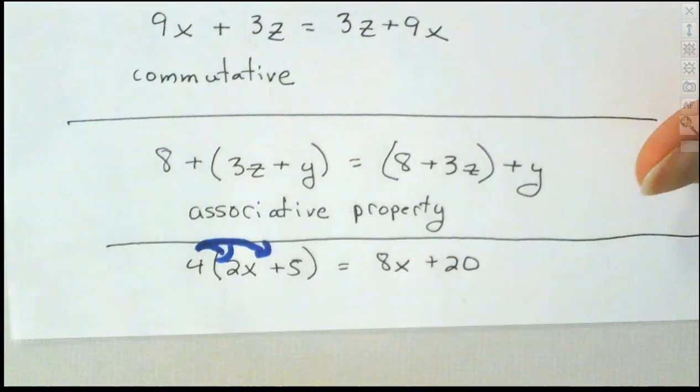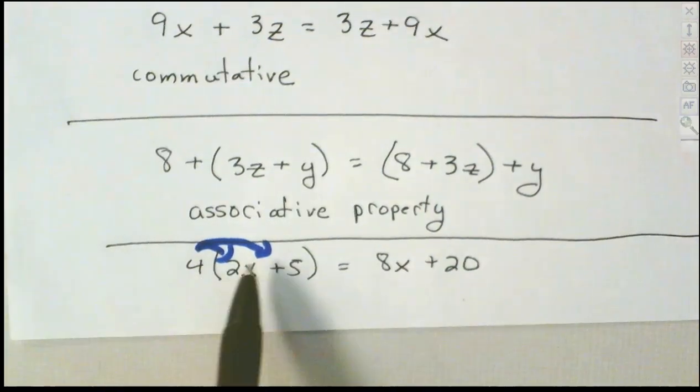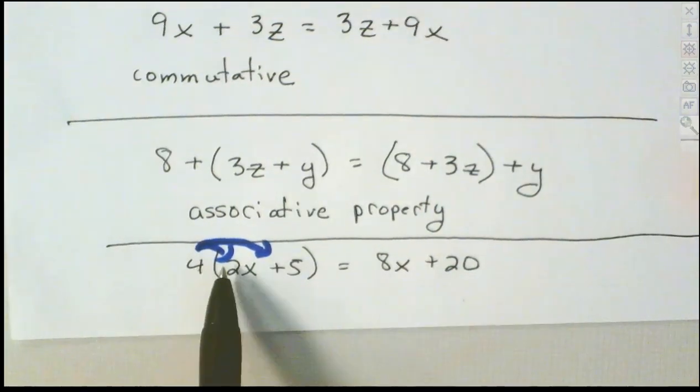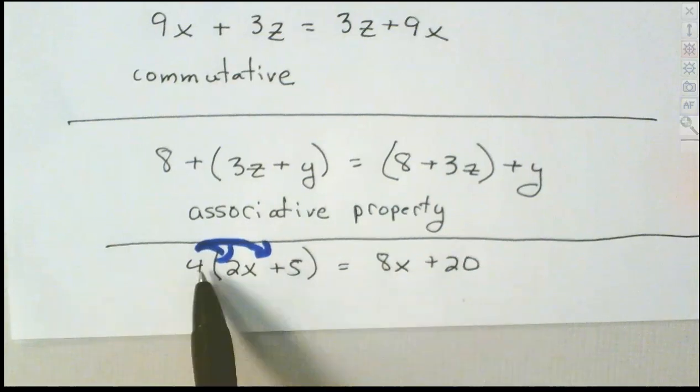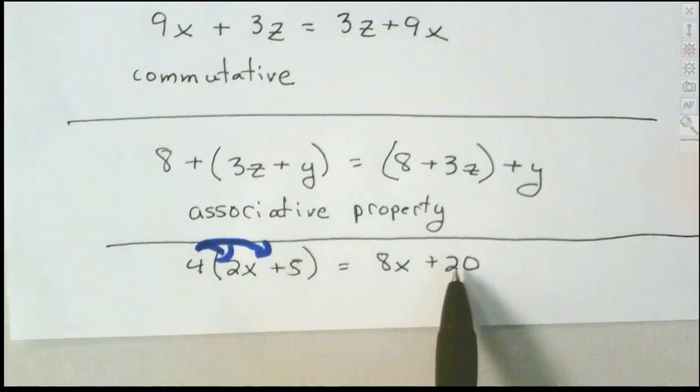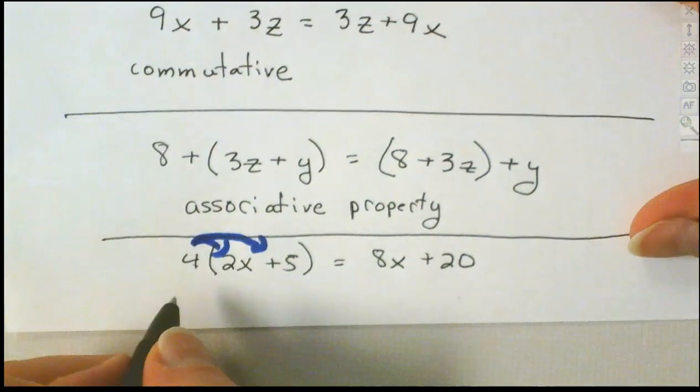So I distributed that 4 through. This is what we're going to be looking at in this section and the next one in 1.7 as well, is using that distributive property. So when I distributed the 4 through, 4 times 2 makes it 8, 4 times 5 makes it 20. That is the distributive property.